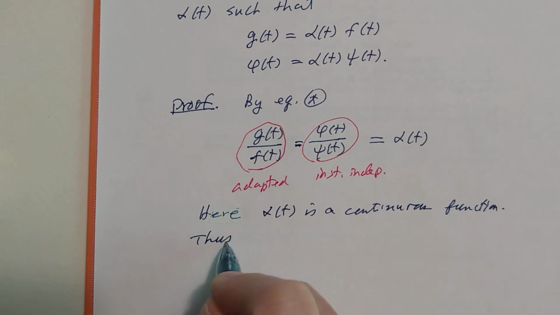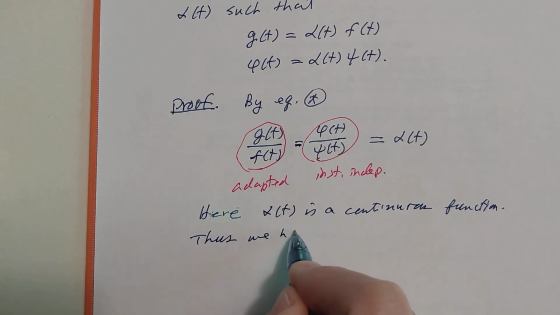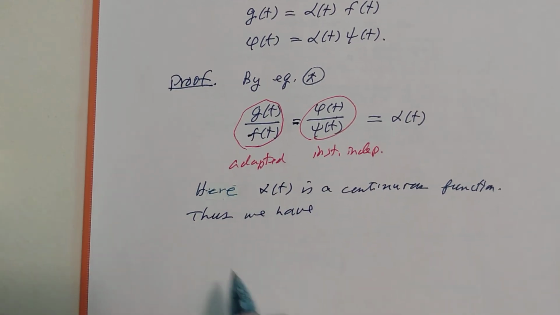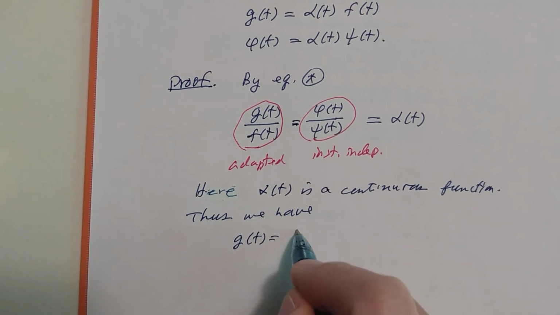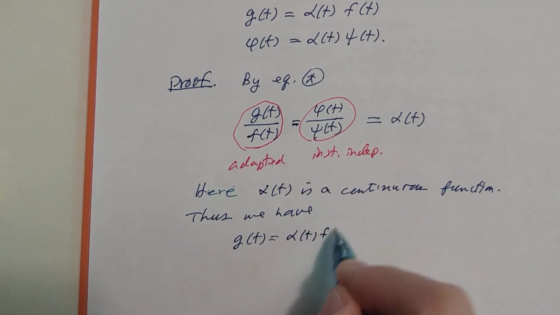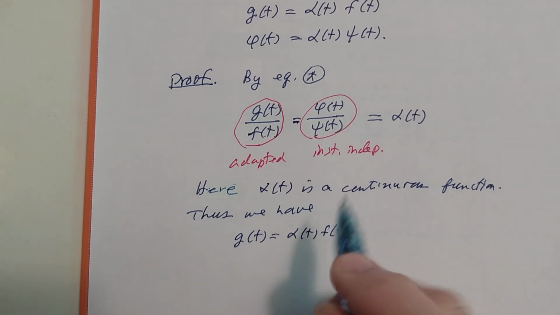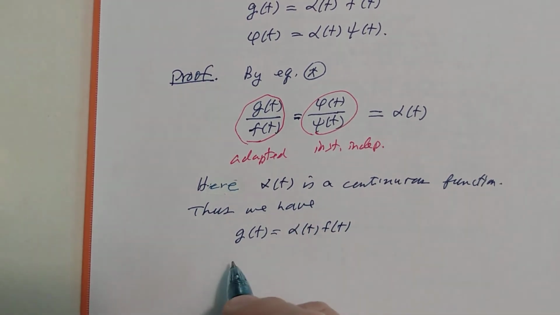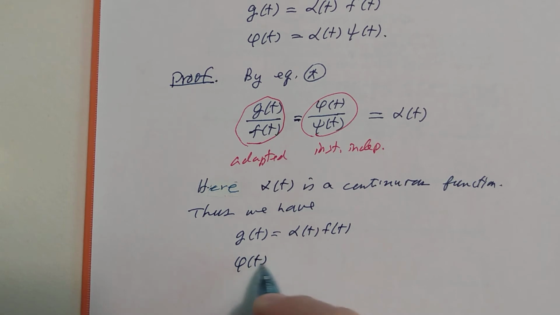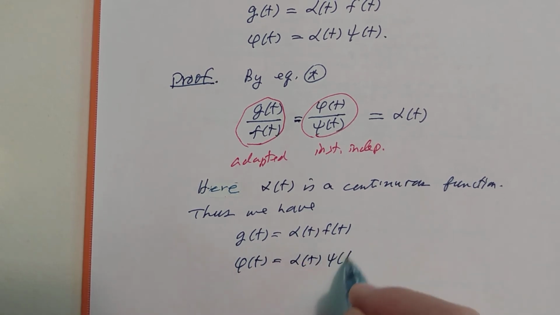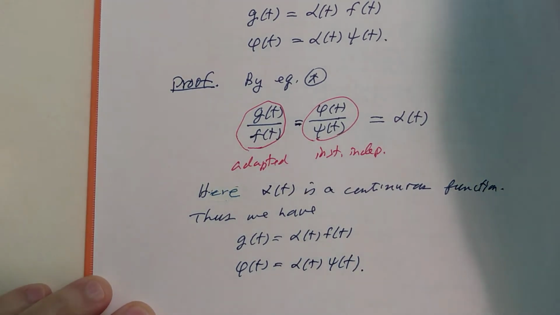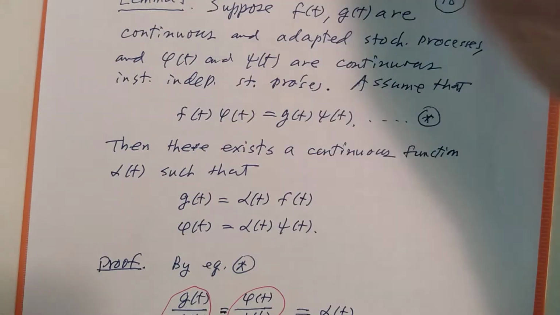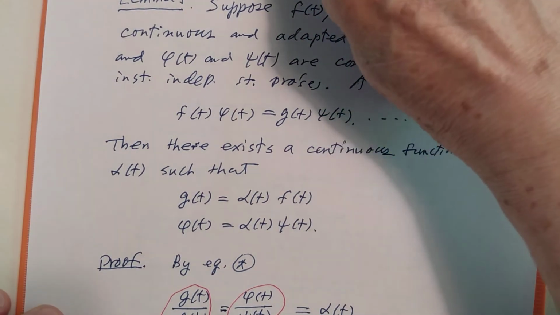Thus, we have g_t equals alpha_t f_t and phi_t equals alpha_t times psi_t. Okay, we go to the next page.